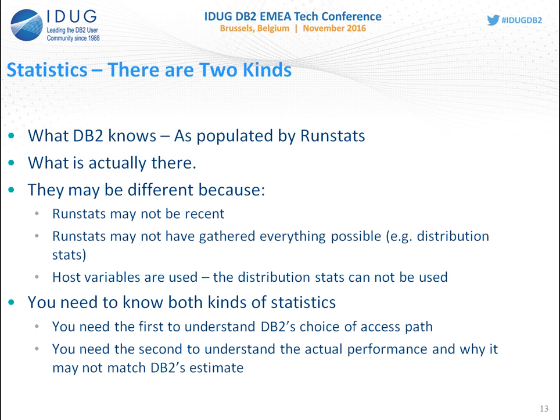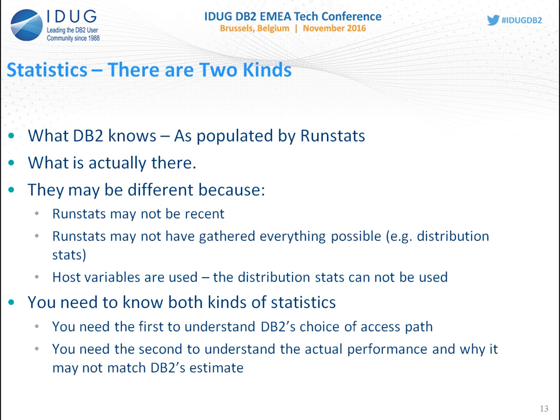There are two kinds of statistics. There's what DB2 knows, and that's what's been populated by running RUNSTATS. If you haven't run RUNSTATS, DB2 doesn't know what the statistics are. The other kind is what's actually there in the table. And the two could be different because RUNSTATS may not have been run recently, or you may not have gathered statistics on everything possible, like distribution statistics.